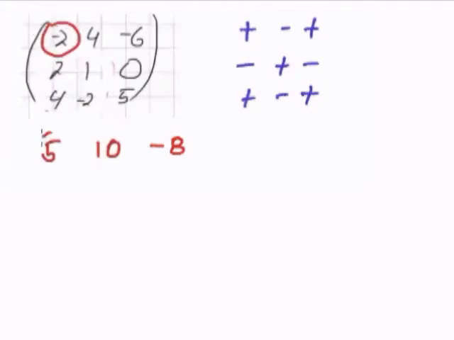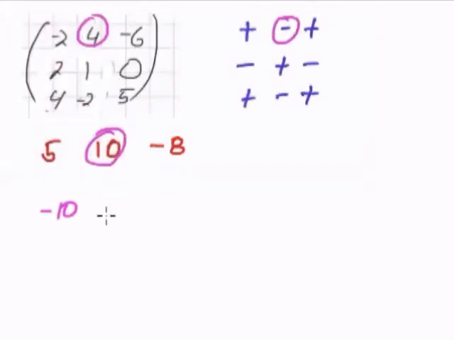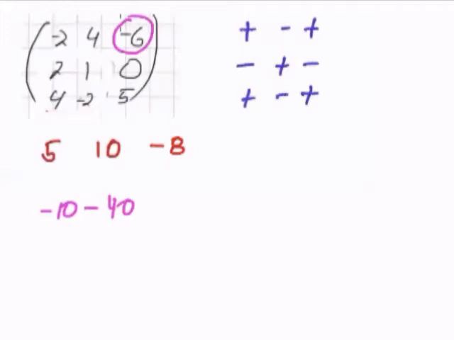I'm going to multiply this -2 times 5 times +1 to get -10. And then I'm going to take the 4 times the 10 times -1 to get -40. And then I'll take -6 times -8 times +1 to get +48.